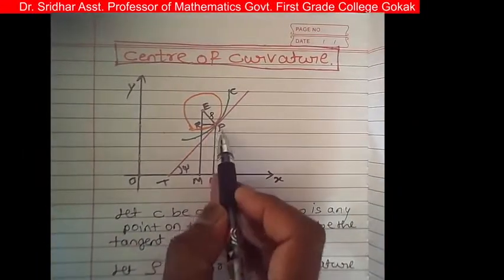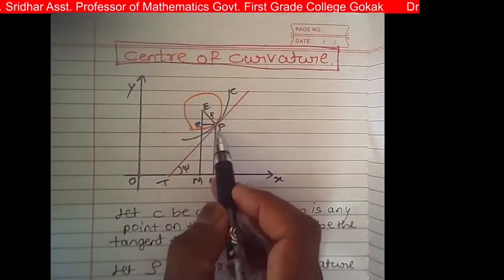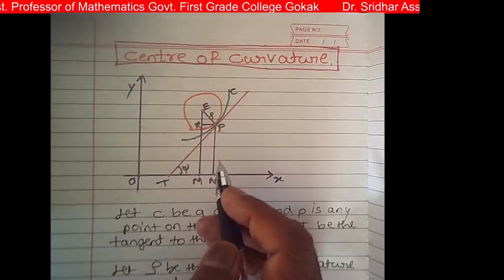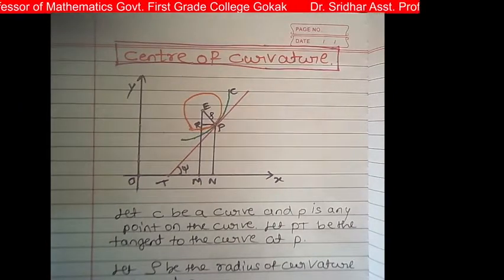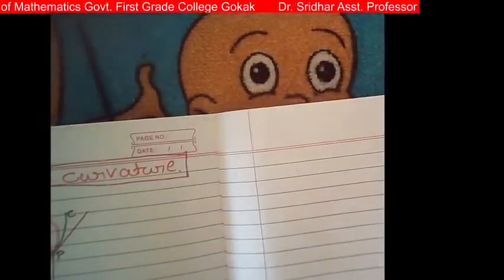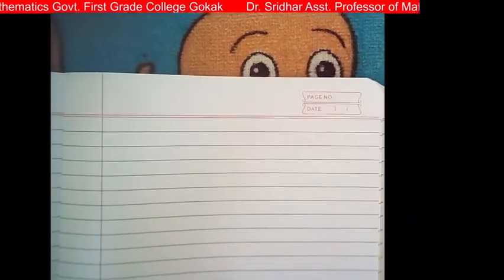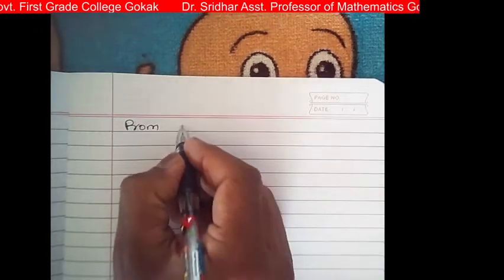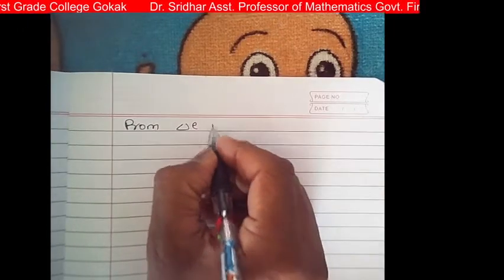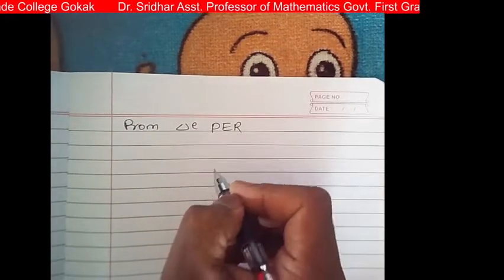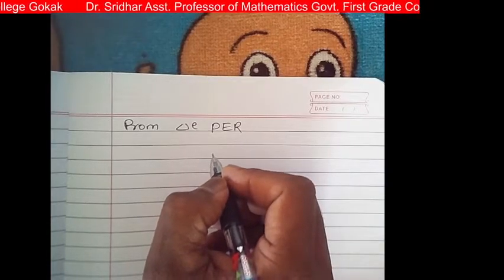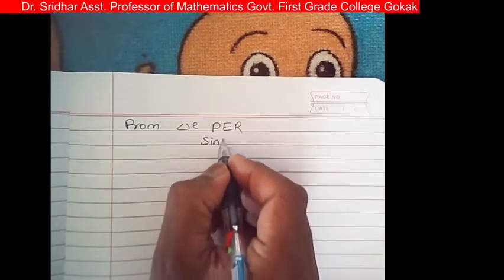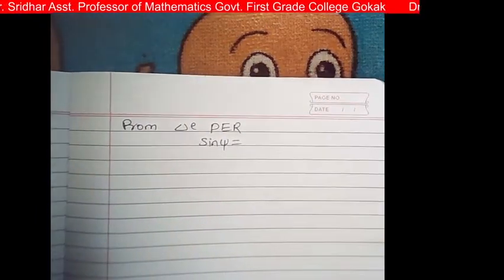Now from the triangle PER, we have sin psi, since this angle is again psi.